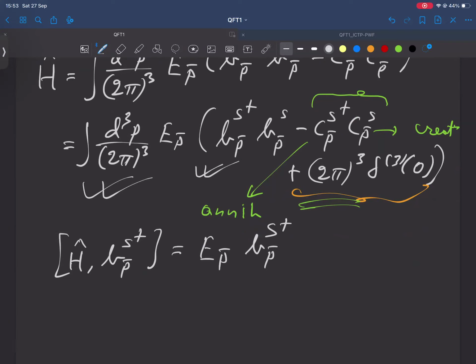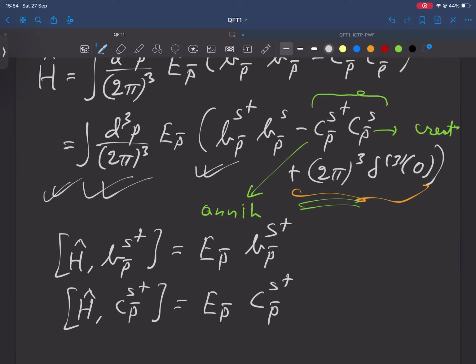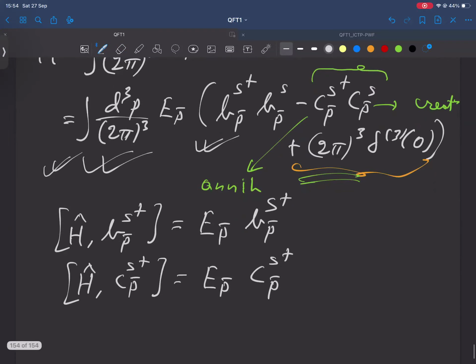Similarly, if you do H with C_ps dagger, from this Hamiltonian you will get that it gives you E_p C_ps dagger. So this means that it actually raises the energy of whatever this C is doing.